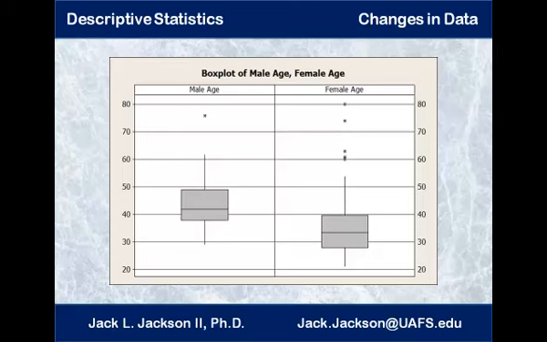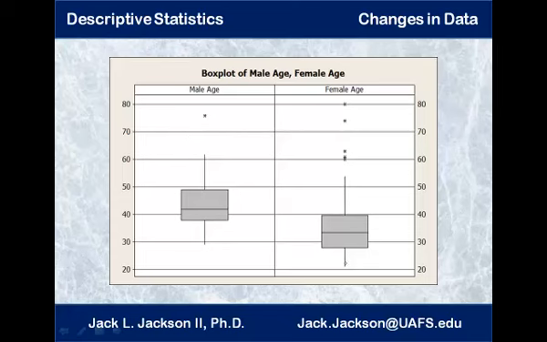That's another way of comparing these side by side, and you notice here that you can definitely see that this middle half of the females is definitely lower than the middle half of the males, and really even the females that are older, really all these points up here are kind of considered outliers, where only this one actor is considered an outlier.